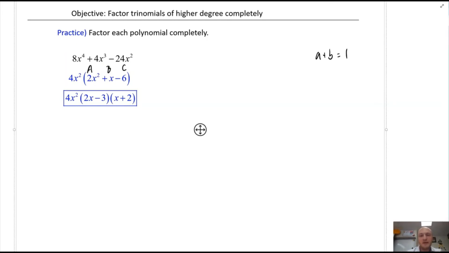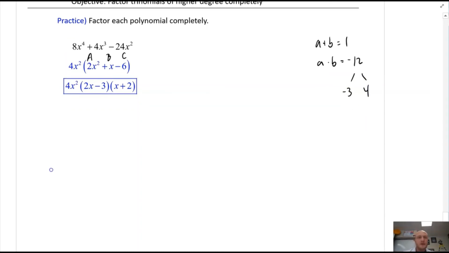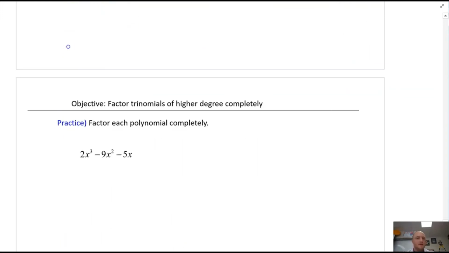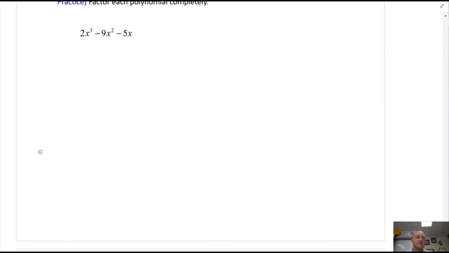And then, whoa, it's glitching out on me. A times b is going to be negative 12. Okay, and that looks like it would be a negative 3 and a positive 4 are going to be your middle terms. Okay, all right, and then last but not least, here is the very last practice problem.